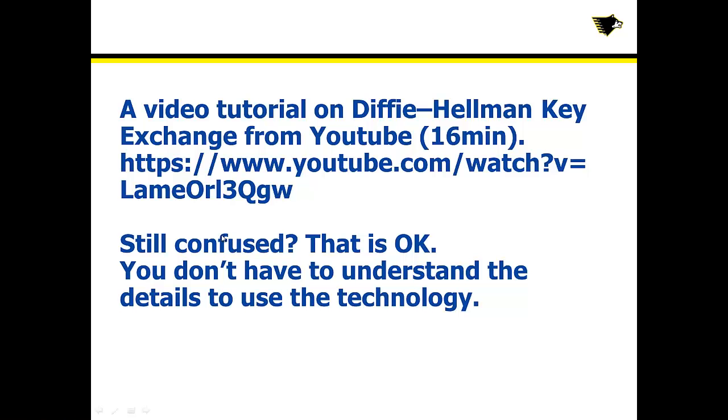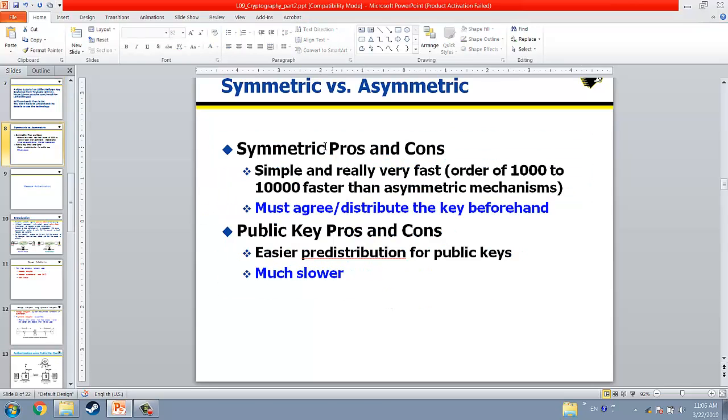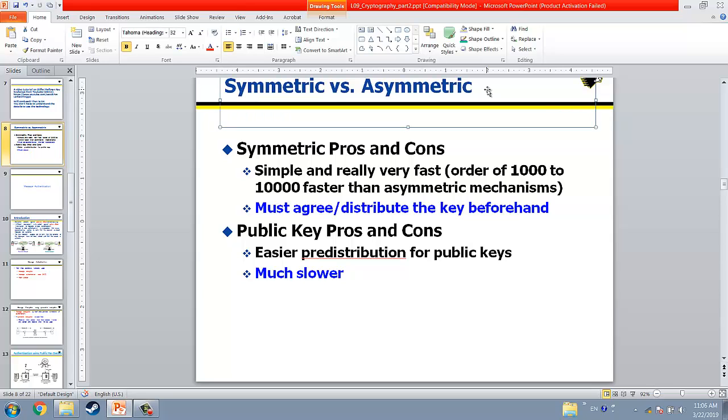In fact, there are some mathematics here. If you don't understand the mathematics there, that's fine, because for you guys just work as a project manager, you don't need to understand the detailed things. We already know we have symmetric and the asymmetric.